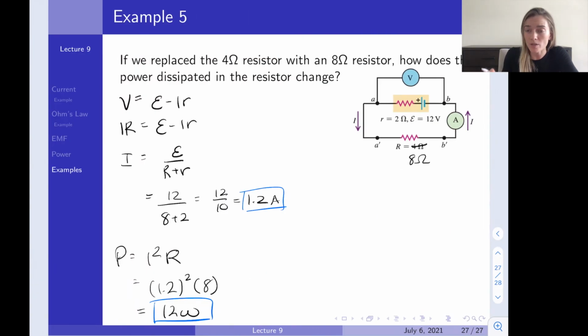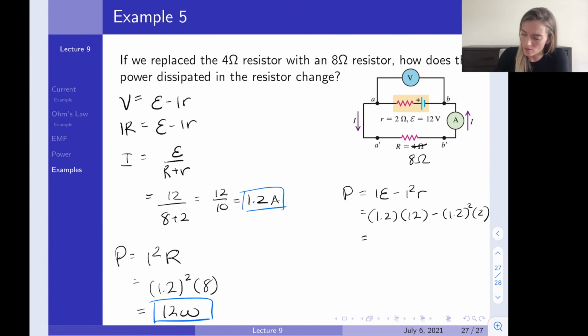Now let's check the total power supplied by the battery to make sure things make sense. The total power from the battery is I times EMF minus I squared times the internal resistance. So the current was 1.2 times 12, minus 1.2 squared times the internal resistance, which is 2.